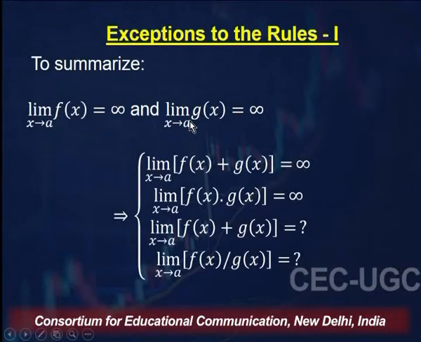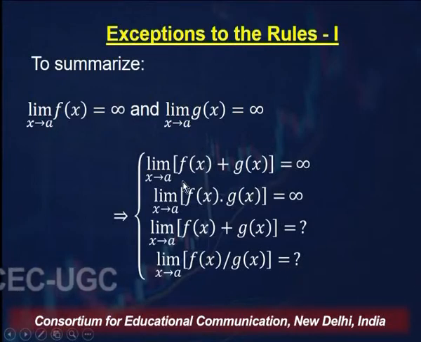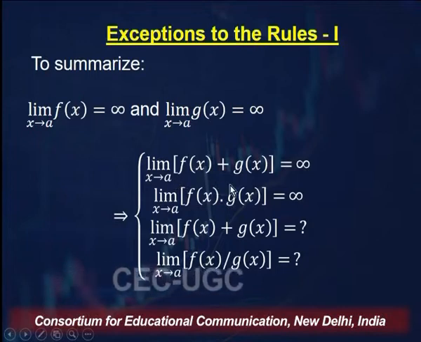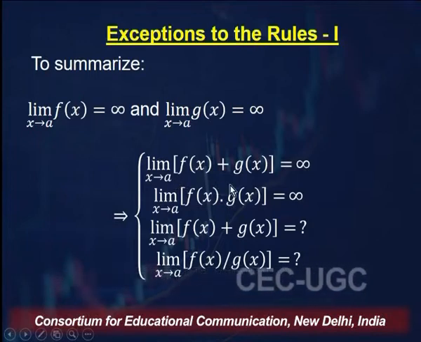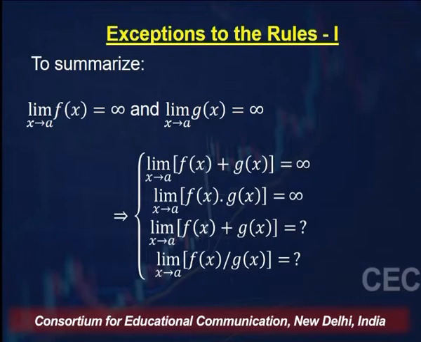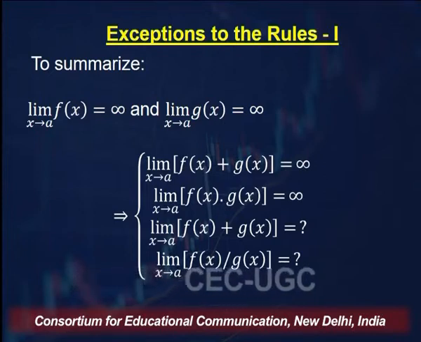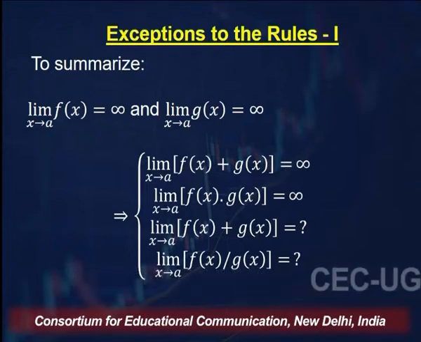To summarize what I had just been talking about in the first segment, if both the functions f and g tend to infinity as x tends to a, then the limit of the sum will also be infinity, because if we are making both f and g arbitrarily large, infinitely large as x tends to a, then f plus g will also become infinitely large.